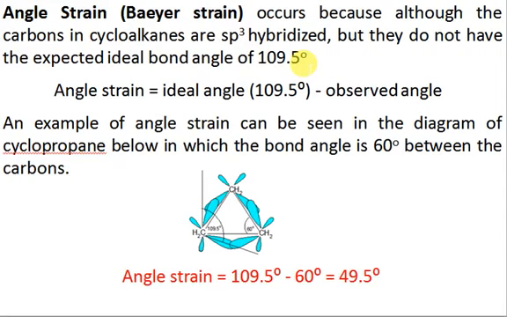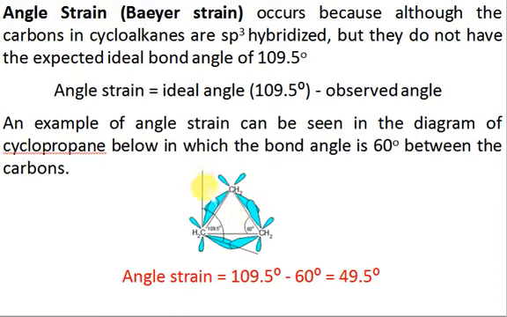Whenever there is a deviation from ideal bond angle, you will get the angle strain or the Baeyer strain. In order to calculate the angle strain, the simple formula is you just subtract the observed bond angle from the ideal angle. The ideal angle is 109.5 and the observed angle is any angle which you have. For example, in case of cyclopropane here, the observed angle is 60 degrees.